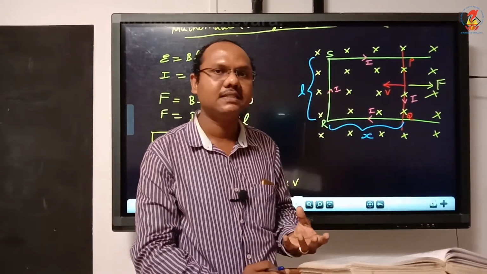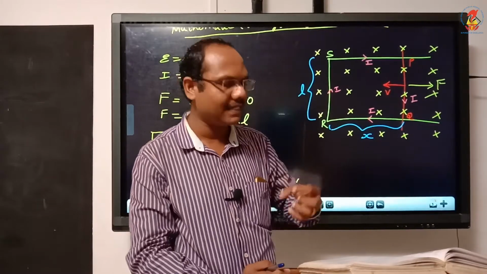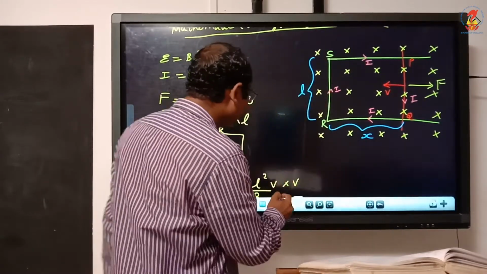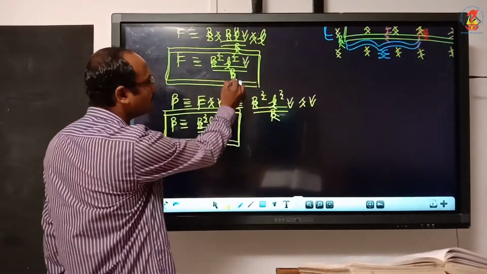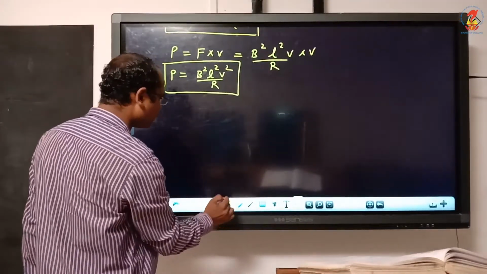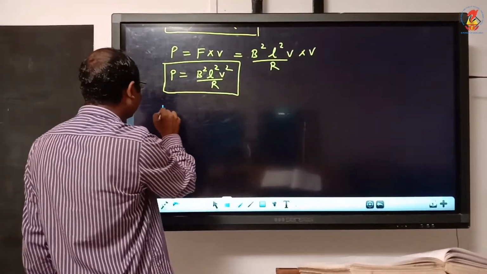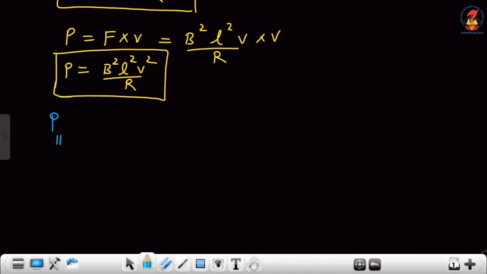As a result, the entire induced current is dissipated as heat. So let us see how much power is dissipated as heat. So power dissipated as heat, I write PH, H for heat, which can be given by I square into R.